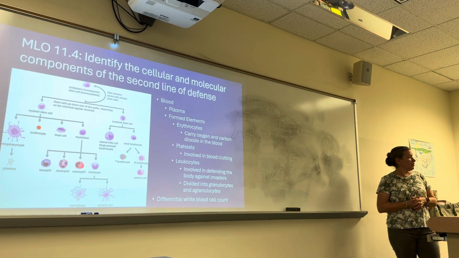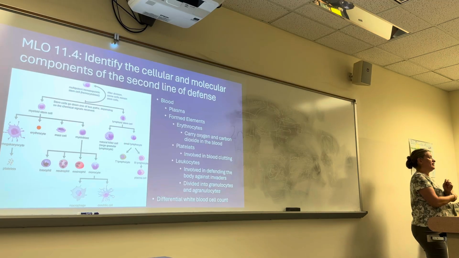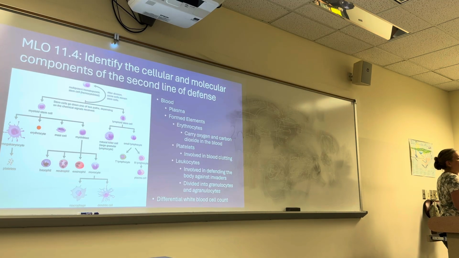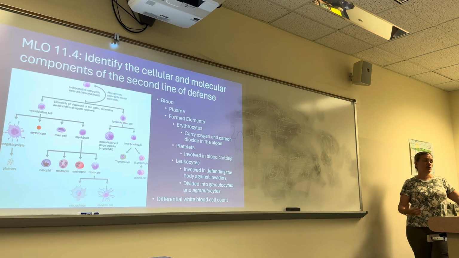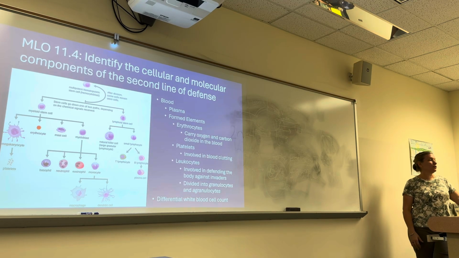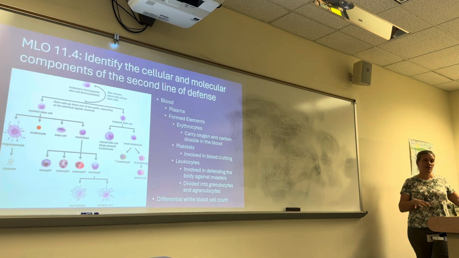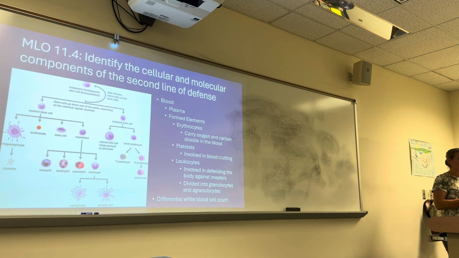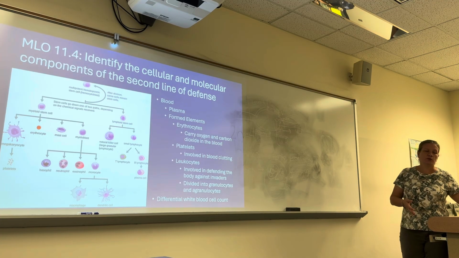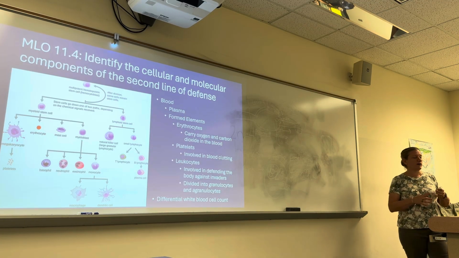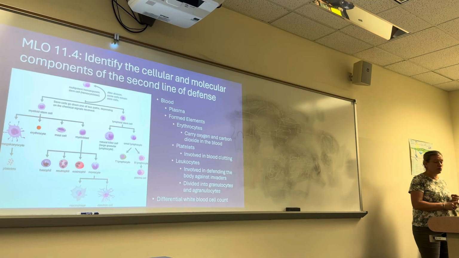All right, moving to the second line of defense. The second line of defense operates, or is going to come into play, after the pathogen has gained entry, okay? So the pathogen has penetrated the skin or mucous membrane, gained entrance into the body, and now we're trying to control what has already gained entrance, okay? To do this, we talked about the fact that there are chemicals that are going to come into play.